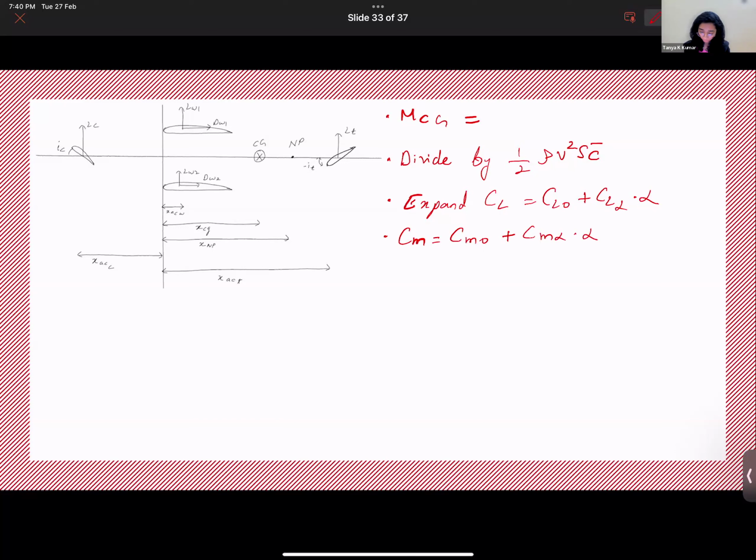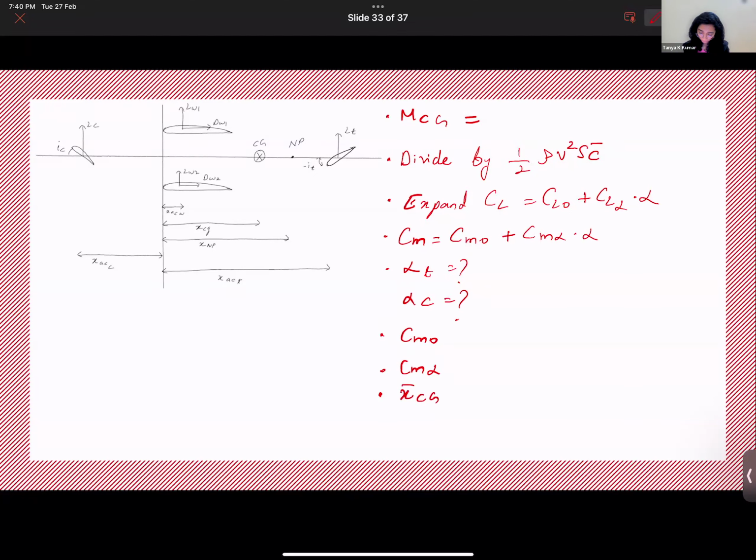So now you'll have to find out alpha tail and alpha canard. Find out these two, substitute in this equation. Then you find out Cm naught, then Cm alpha. Then what do you do?